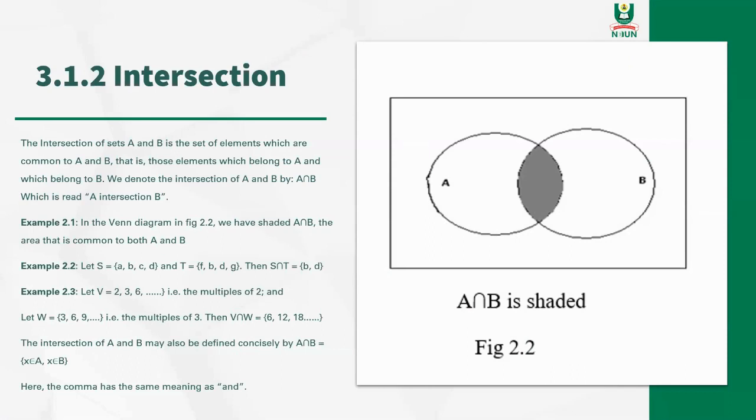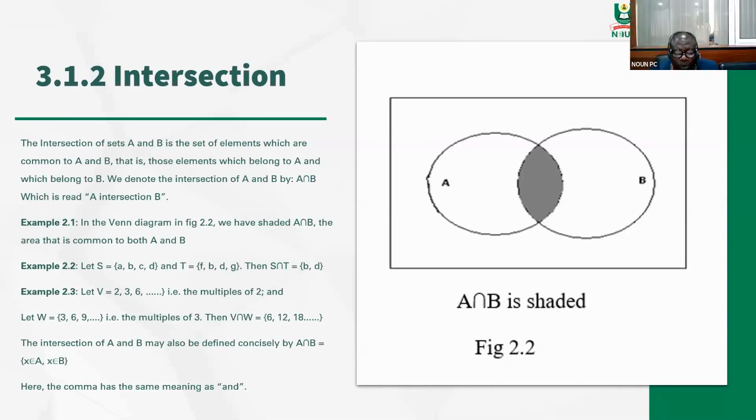Intersection is another operation on sets. What is intersection? Intersection is simply the elements that are common to both, the elements that you can find in A and B. There are 2 things, mind you.